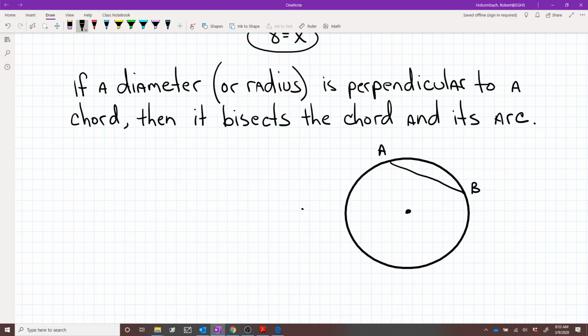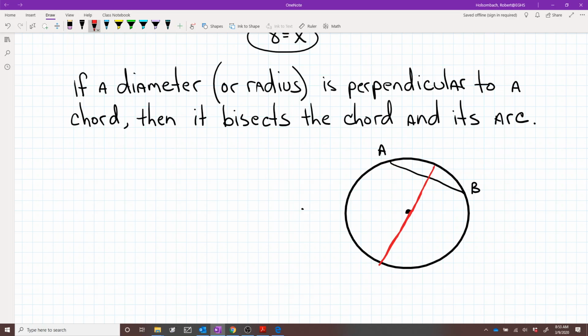If a diameter or radius is perpendicular to a chord, diameter or radius. So if I take a line, put it through the center, and whether it stops at the center or it keeps going all the way through, it doesn't matter. First part's the radius. If continued, it's a diameter.